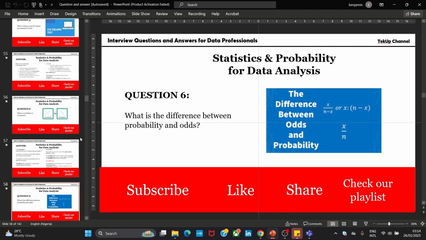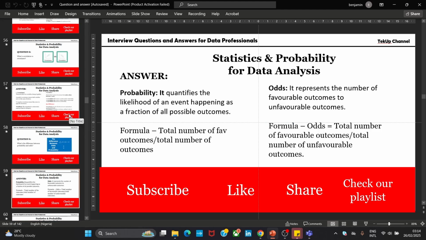Now let's go ahead and check the answer. Probability quantifies the likelihood of an event happening as a fraction of all possible outcomes. Probability is calculated with the formula: total number of favorable outcomes divided by the total number of outcomes.